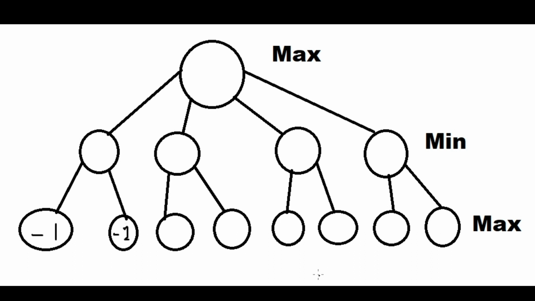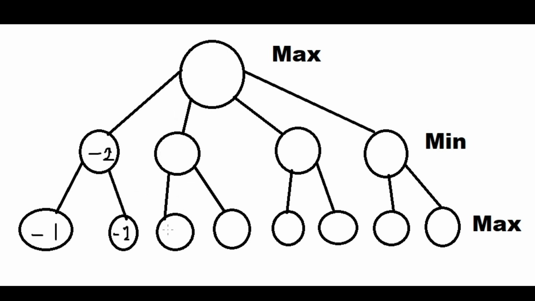And so we are going to assume best play from our opponent. So that means that they're going to go for the minimum. And of course, that's going to be -2.